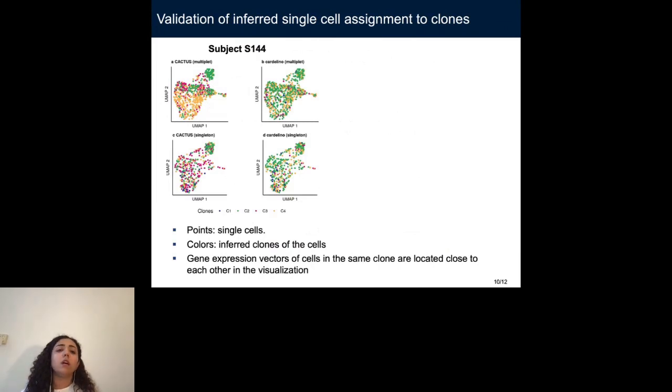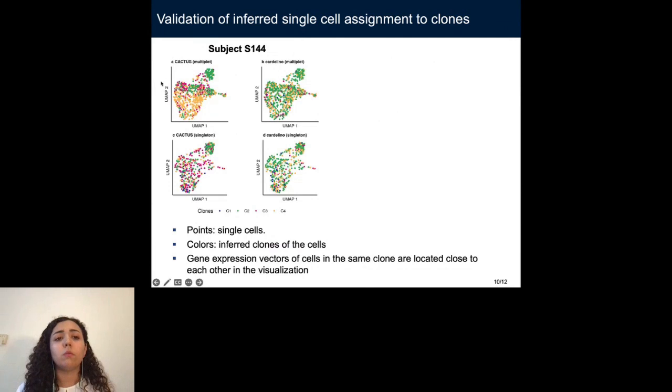Also, we did some validation by the gene expression data. Actually, we use the gene expression vectors and we reduce the dimensionality of this gene expression to two dimensions using UMAP. Here you can see the left-hand side are results of CACTUS and the right-hand side are results of Cardellino.